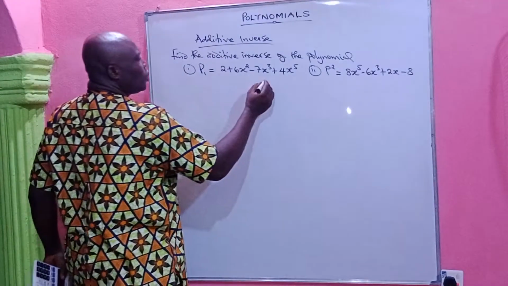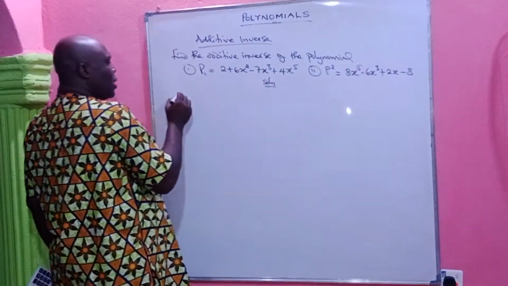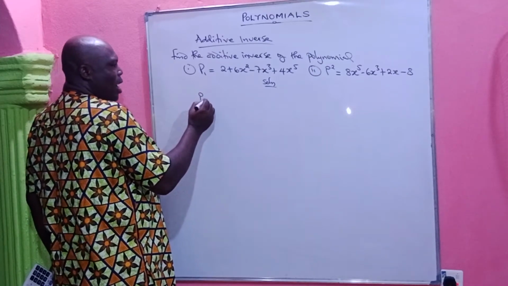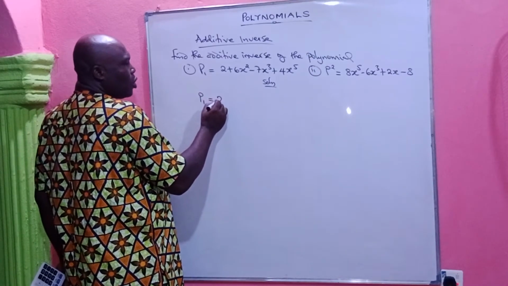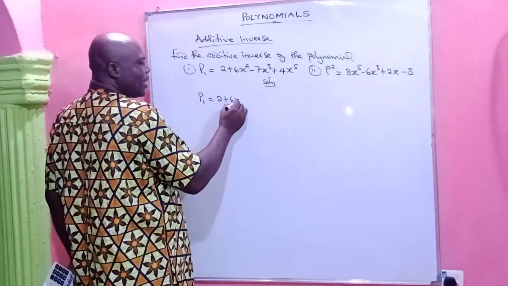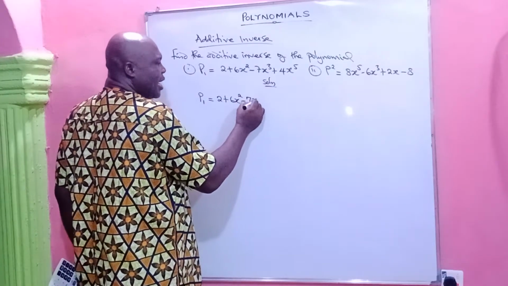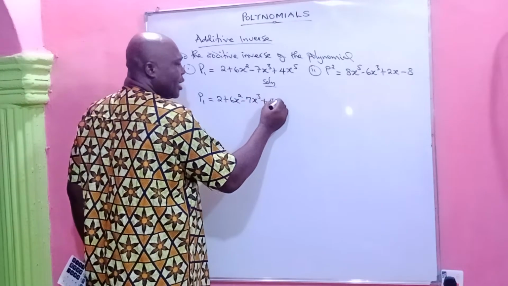Number one, solution. So we have the first one. We're given that P1 is equal to 2 plus 6x squared minus 7x cubed plus 4x raised to the power 5.